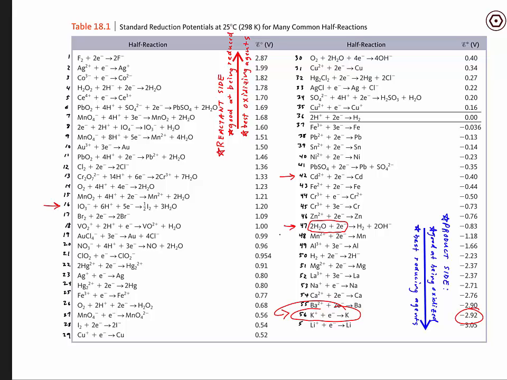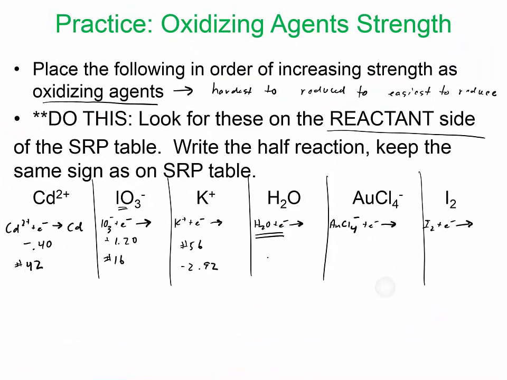There's quite a few that have water on the right side, but that looks like one of the only ones with it on the reactant side. So that's negative 0.83, number 47.